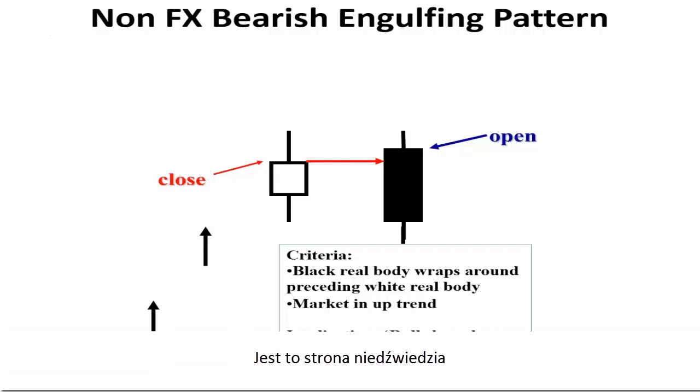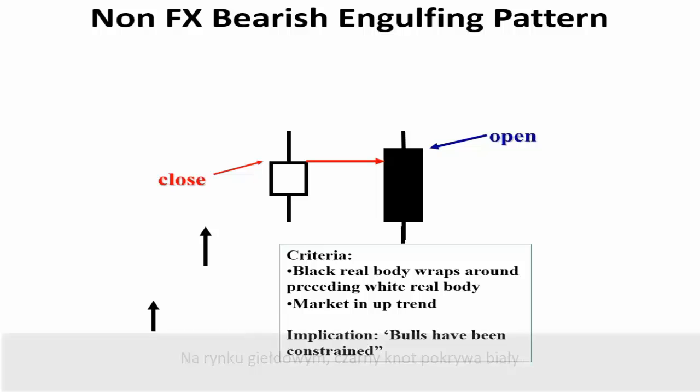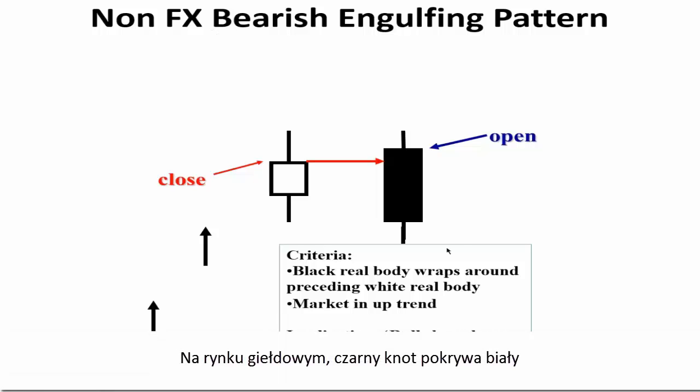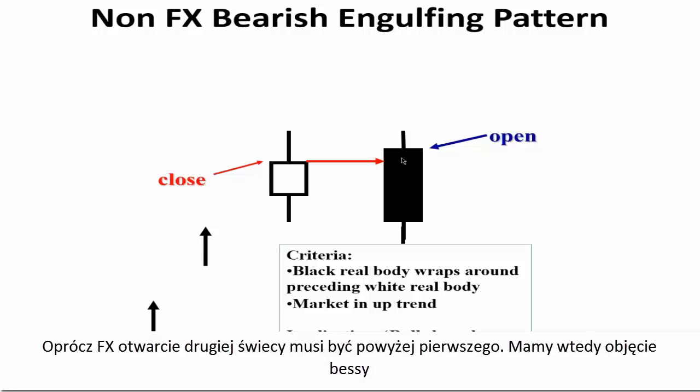Okay, now we looked at the bullish engulfing pattern. Now we're going to look at the bearish side, the bearish engulfing pattern. Okay, non-Forex, a bearish engulfing pattern in a non-Forex market. The black real body wraps around the white real body. And in non-Forex, in stocks and so forth, in equities, the open has to be above the prior close for this to be a valid bearish engulfing pattern.